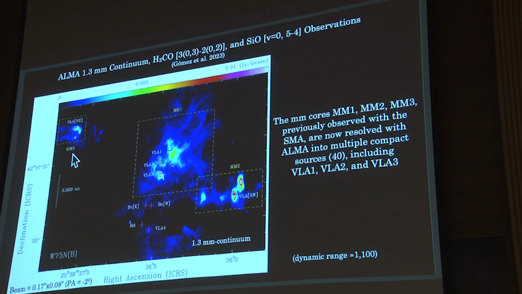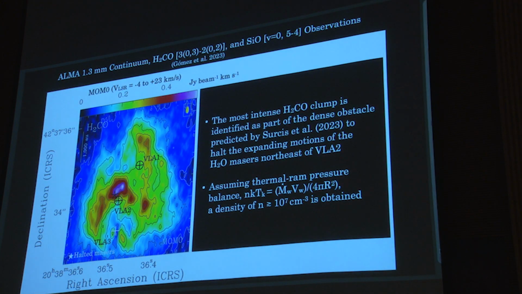The 3 massive protostars also have counterparts of millimeter emission. However, the most interesting thing is the molecular lines.